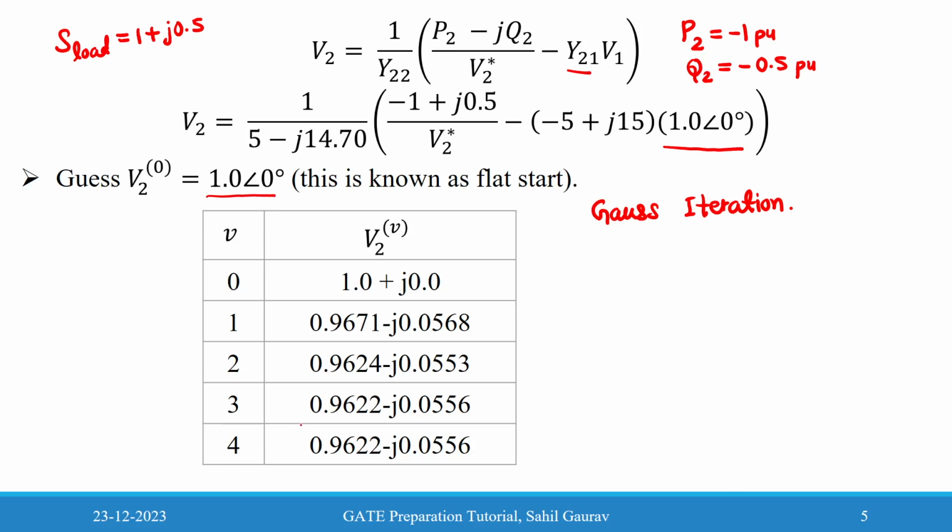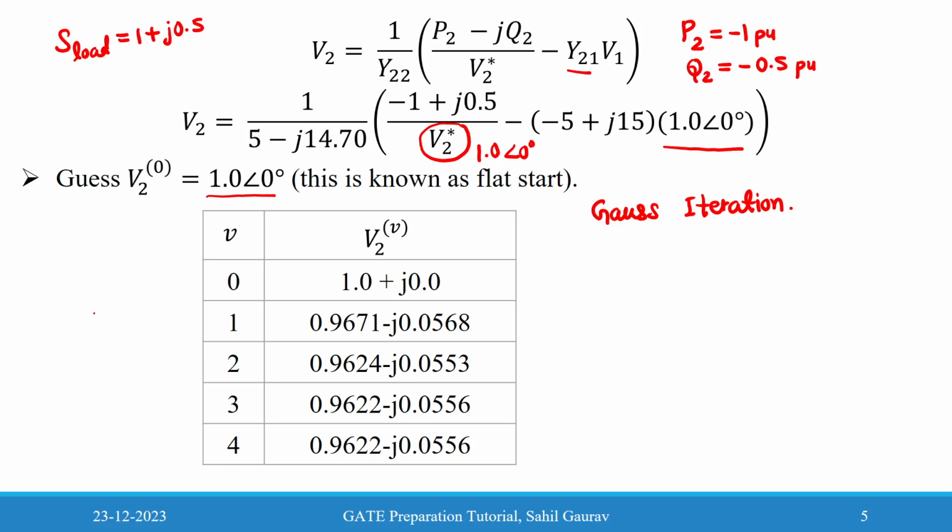Wherever you are finding the voltage, just assume the voltage at the bus as one at the angle of 0 degree. So you put this V2 star first as one at the angle of 0 degree, and here also you put one at the angle of 0 degree, then you will get this expression.